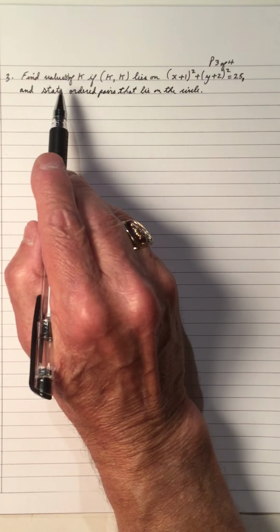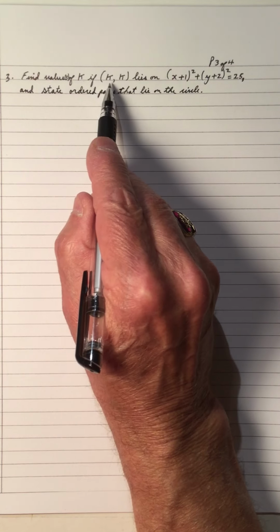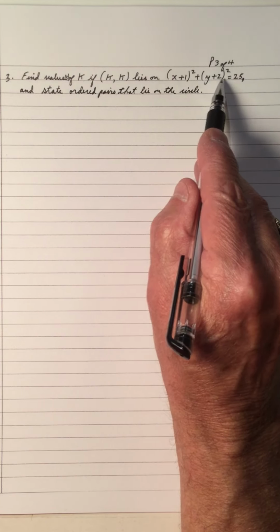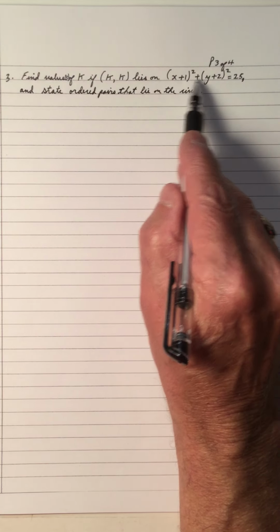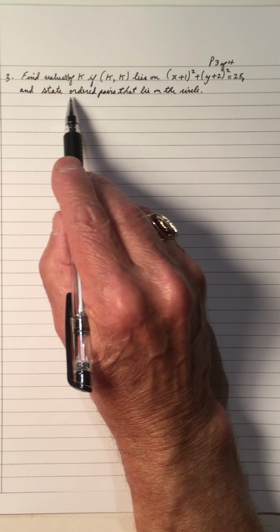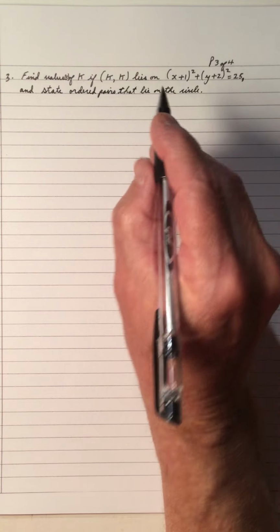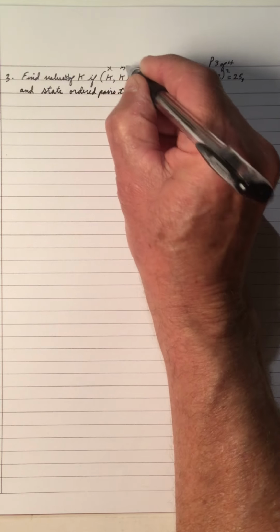Okay. Number 3, find the values of k if (k, k) lies on the circle that's represented by this equation. And then also state the ordered pairs that lie on the circle. Okay, so this is x and that's y.